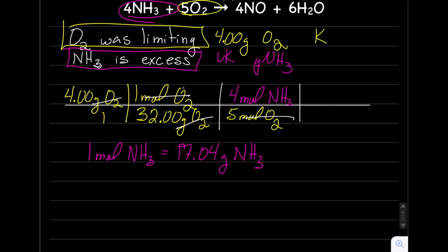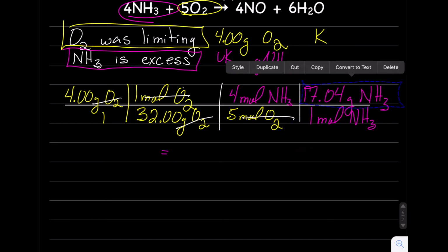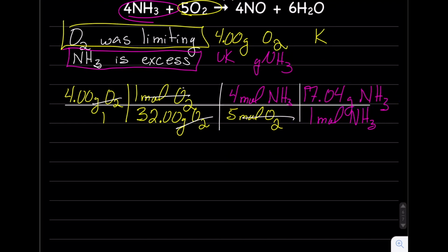All right, so you have to set these up in the grid so that the units cancel out. So mole NH3 goes at the bottom, grams NH3 goes at the top. We'll cancel out our units. Check where we're at. We're at mass NH3 or mass unknown, which is what we were looking for.